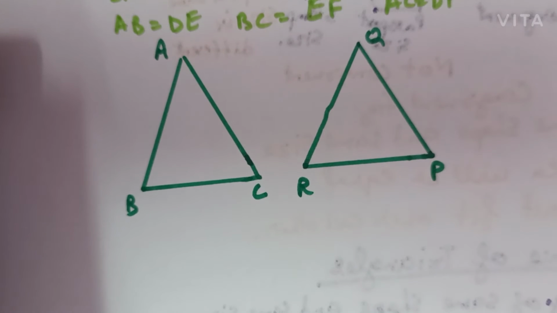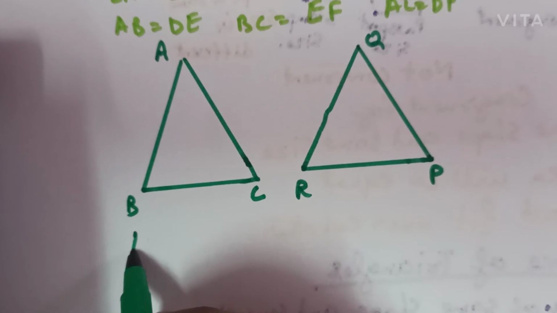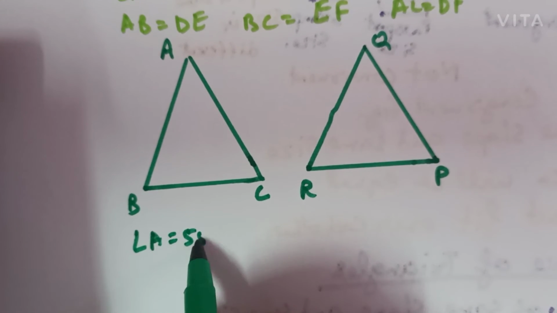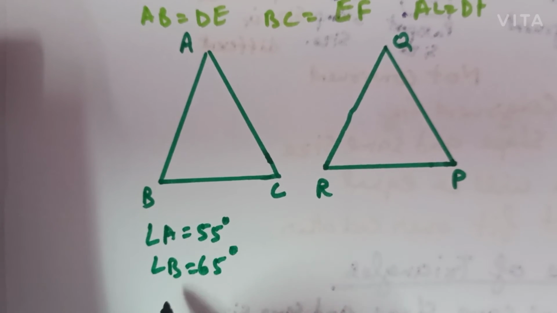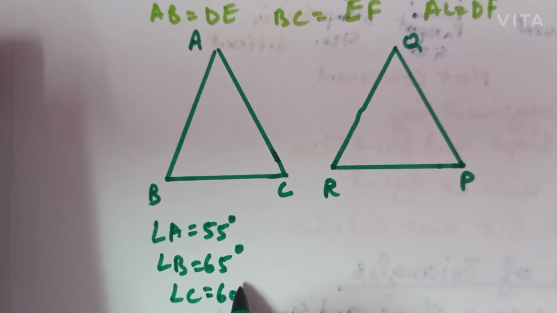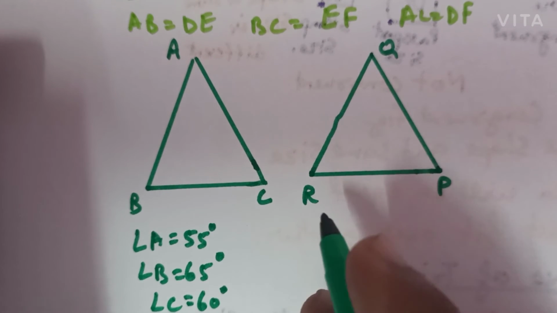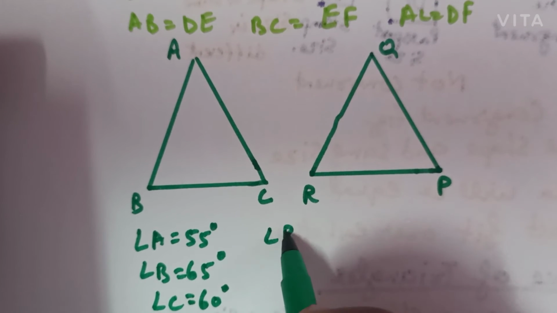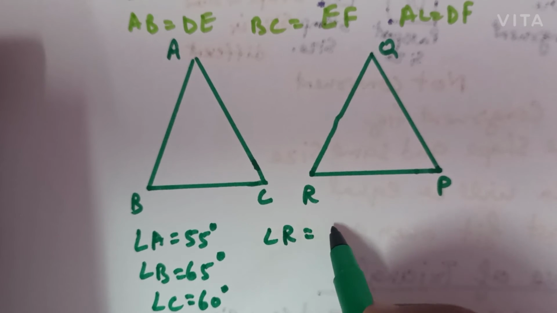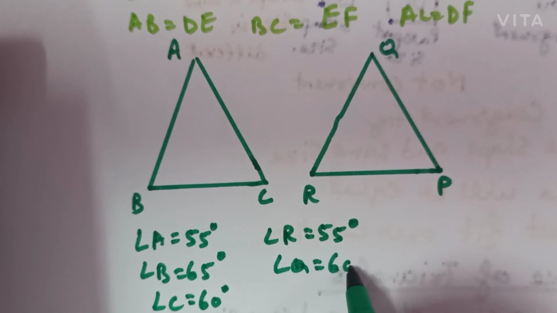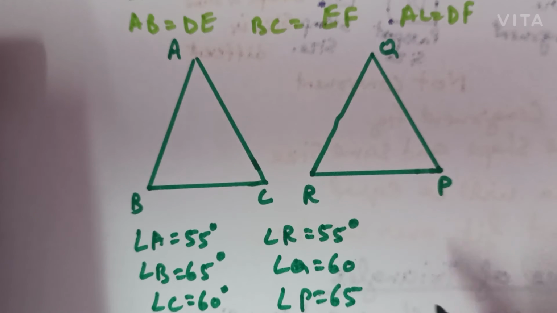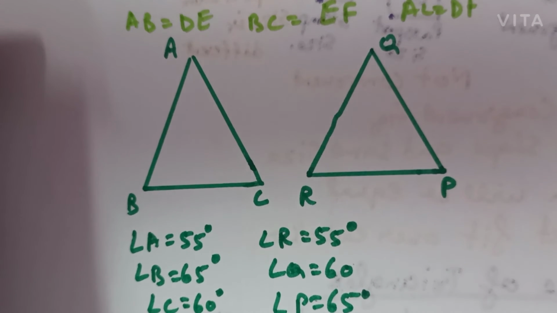If triangle ABC and triangle QRP are given, and it is given that angle A is equal to 55 degrees, angle B is equal to 65 degrees, angle C is equal to 60 degrees. Similarly, angle R is equal to 55 degrees, angle Q is equal to 60 degrees, angle P is equal to 65 degrees.